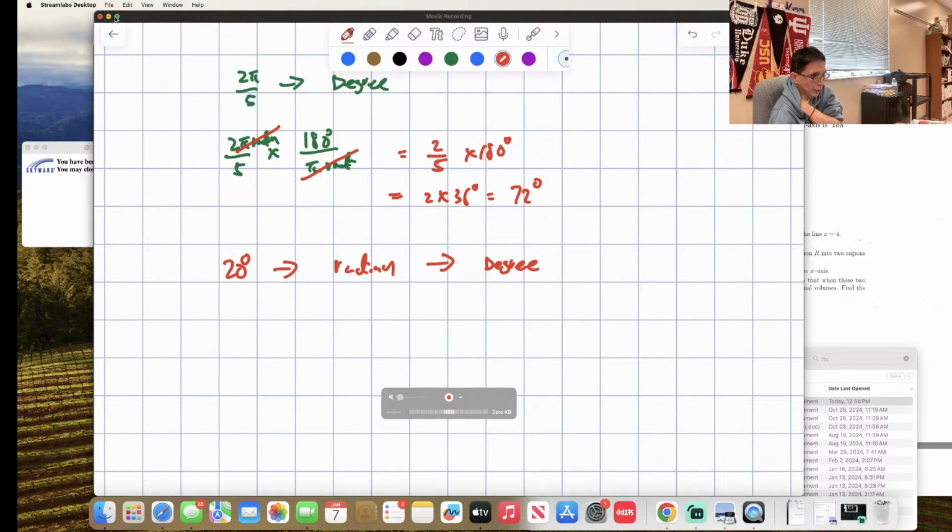So can you convert 20 degrees to radians, and can you convert radians to degrees?